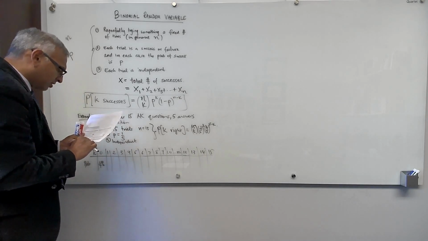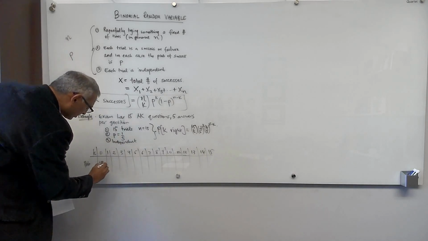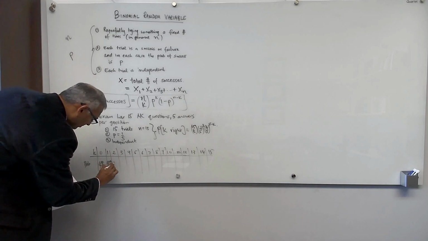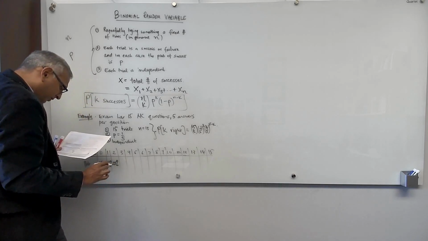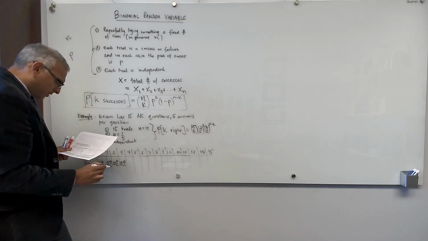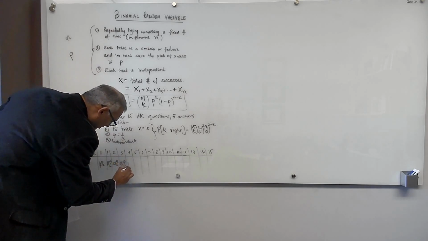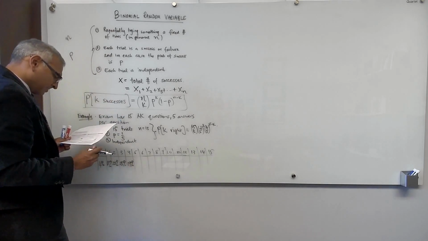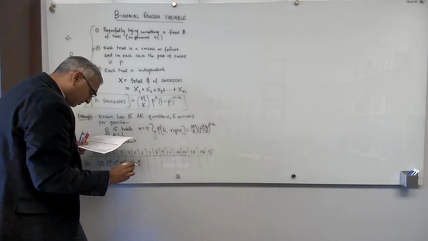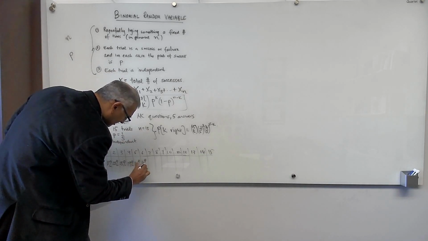The chances of you getting 1 correct is approximately 13%. 2 correct, 23%. 3 correct, 25%. 4 correct, 19%. 5 correct, 10%. 6 correct, 4%.